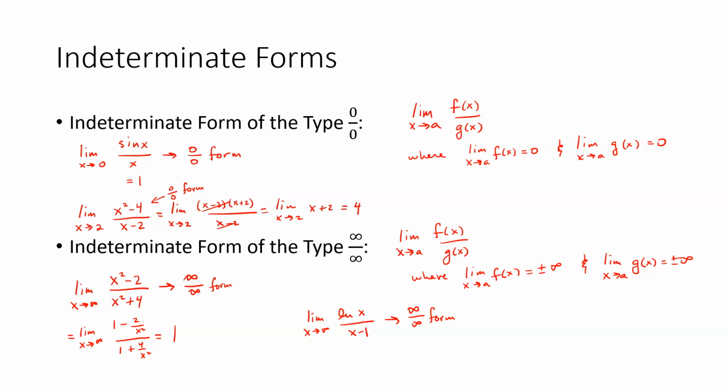The main thing is recognizing these two forms. If I have a limit in the type 0 over 0 form, or the type infinity over infinity form, then we'll be able to use L'Hôpital's rule, and it'll make evaluating these kinds of limits very easy.